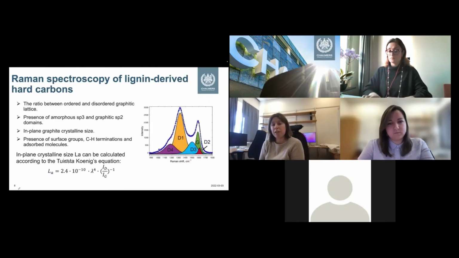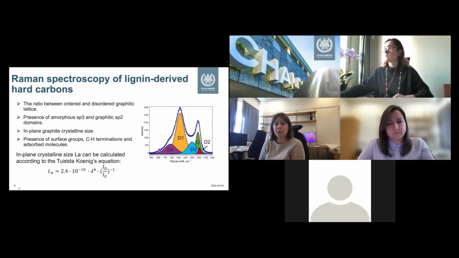Now moving a little bit from wood to carbons. Lignin and cellulose materials, if they're heated up in the correct atmosphere to the correct temperature, provide very nice carbon materials that are called hard carbons, which are interesting materials for energy storage applications. And carbons are also particularly good to be studied by Raman spectroscopy.